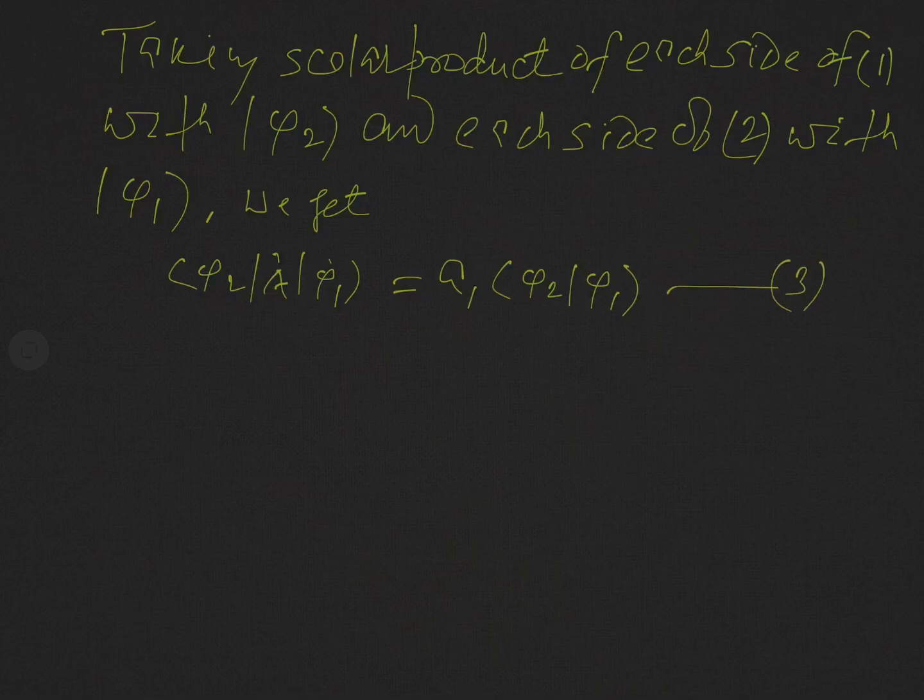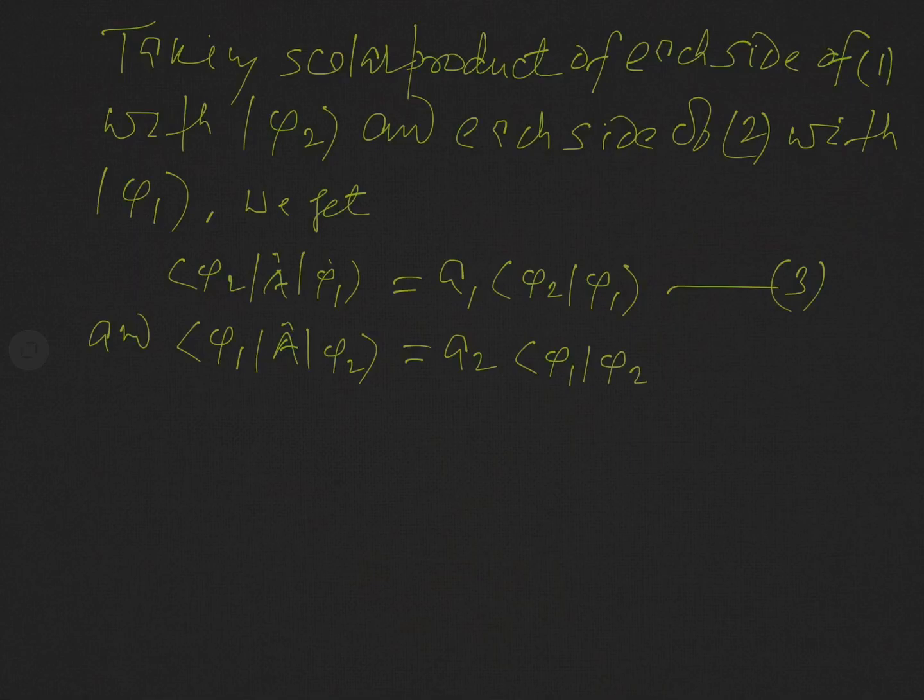This is, say, equation 3. And after taking the product with ket phi 1 of equation 2, we will get phi 1 A hat phi 2 equal to A2 times the product of phi 1 with phi 2. Say this is equation 4.